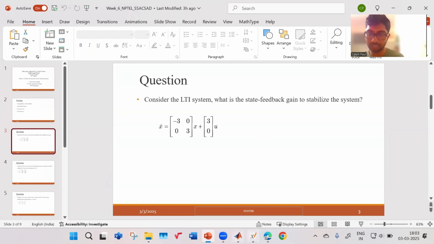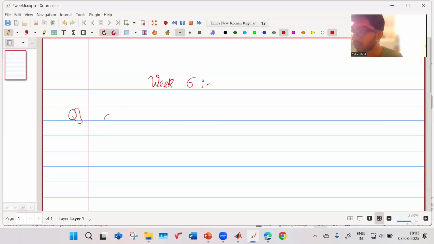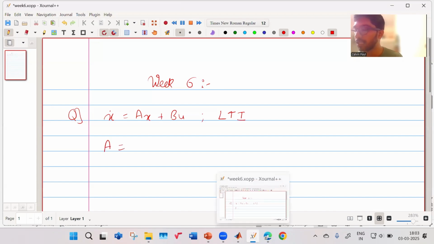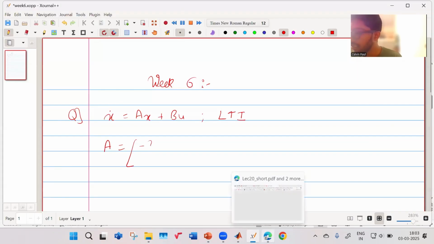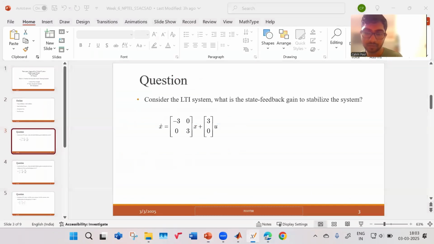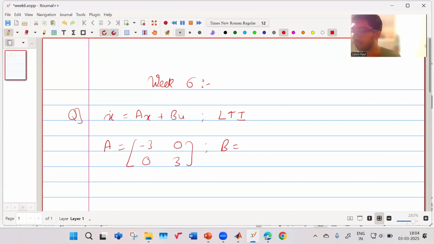Okay, so let us write it. x dot is equal to Ax plus Bu. In this case, we have limited our analysis to linear time invariant systems, right? So what is my A over here? A is [-3, 0; 0, 3], and B is [3; 0].